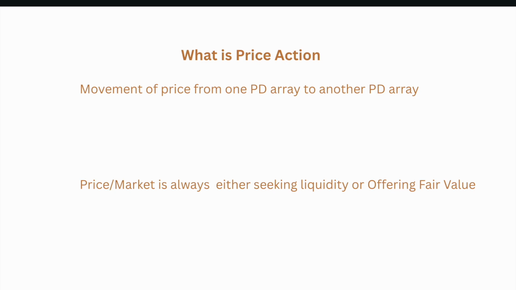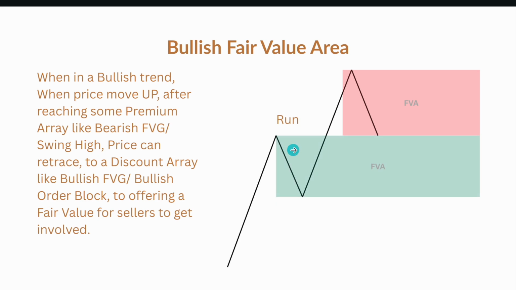To offer a fair value, when in a trend, price always goes in one direction, but price never goes in one direction in a single straight line. It always moves from one PD array to another PD array with little retraces.